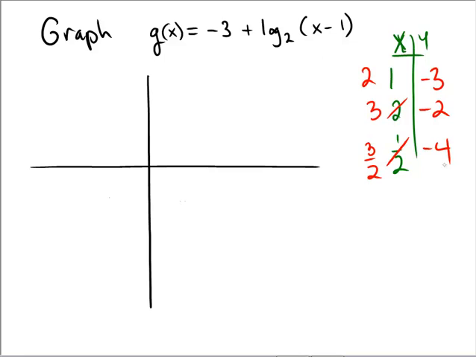So, going into the graph, 2 gives me negative 3. 3 gives me negative 2. And 3 halves, or 1.5, gives me negative 4. So this time the asymptote is occurring right about here.